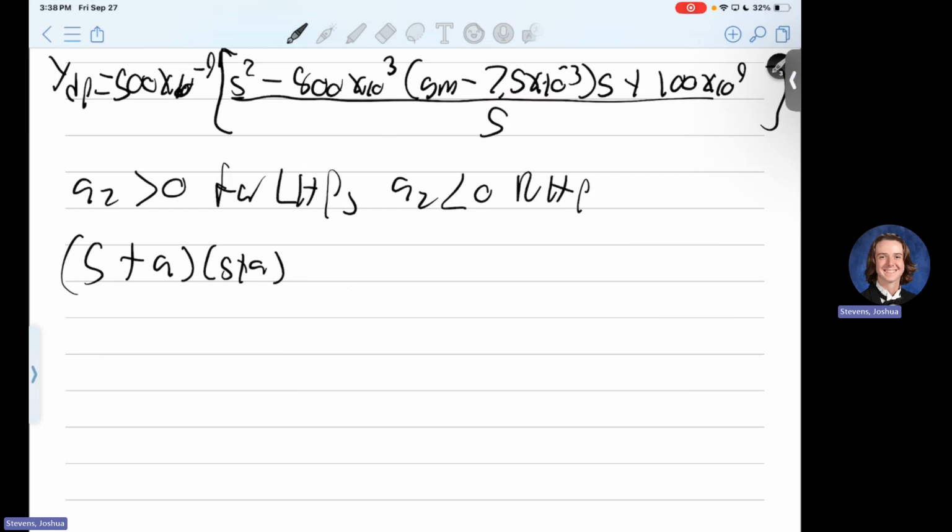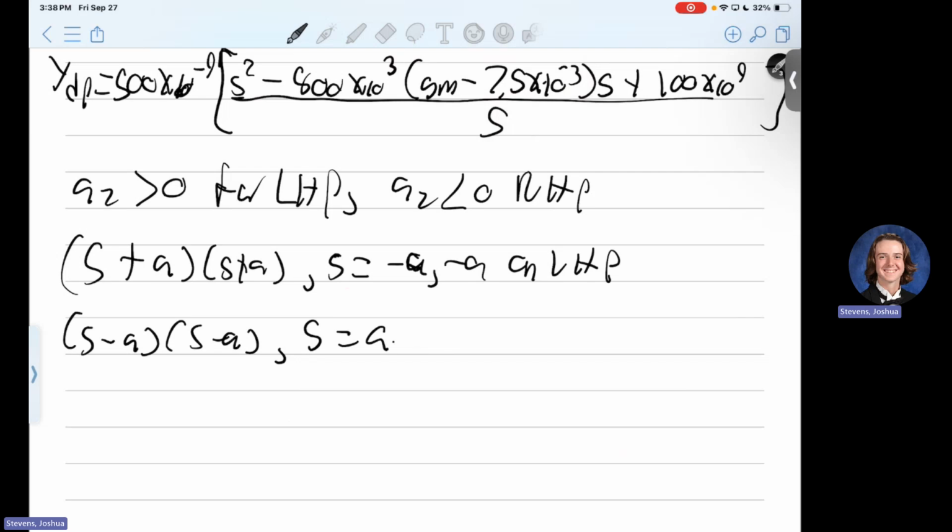And that'll mean our two poles are at negative A, meaning both of them are on the left half plane. Are we in agreement? And if we had S minus A, both of the poles would be positive, on the right half plane. Does that make sense?